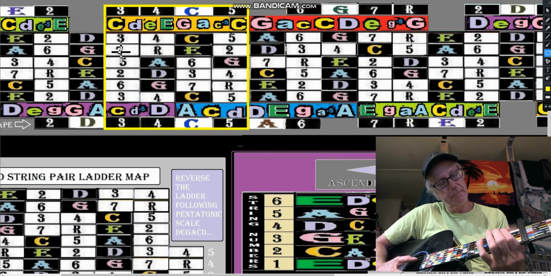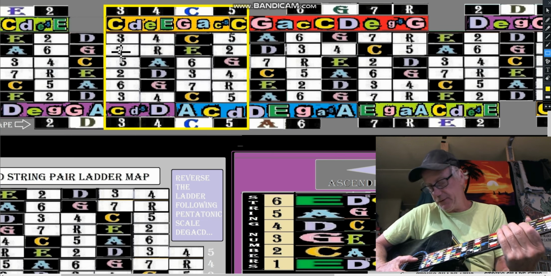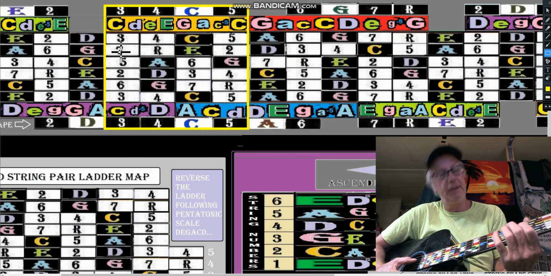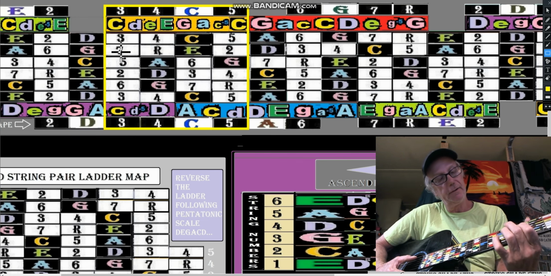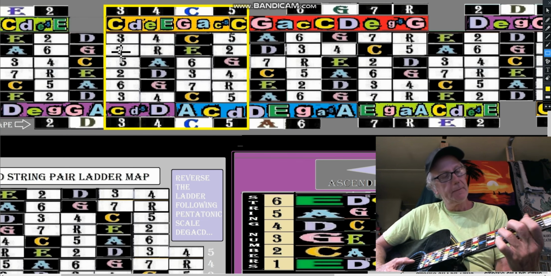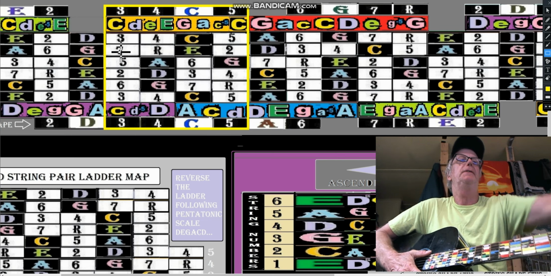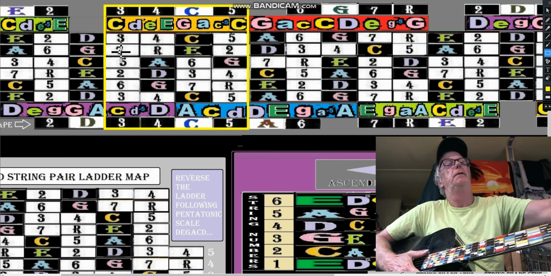We have to take the capo off for that, but it would go like this. The key of C pentatonic scale in A is the key of A pentatonic scale. It's like this. That's key of A pentatonic scale.